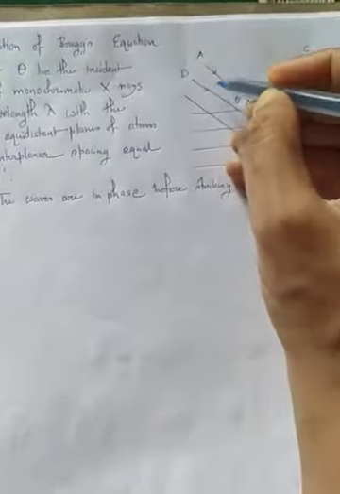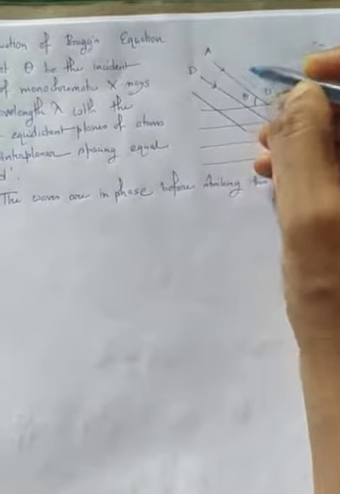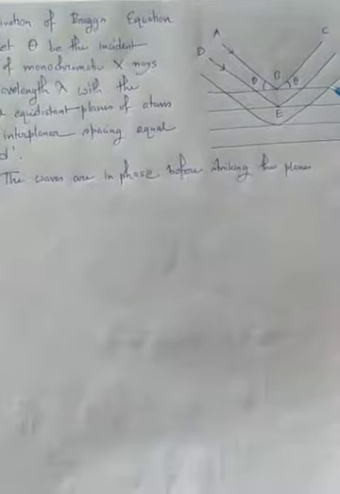So these are light waves and these are parallel equidistant planes within a crystal lattice, and the waves are in phase before striking the plane, and theta is the incident angle.